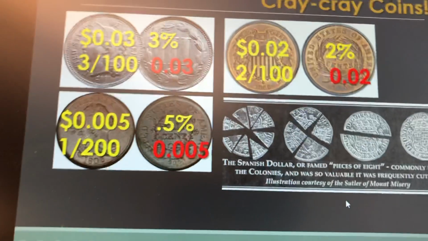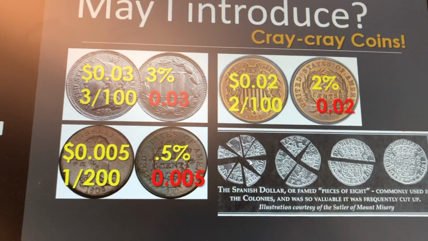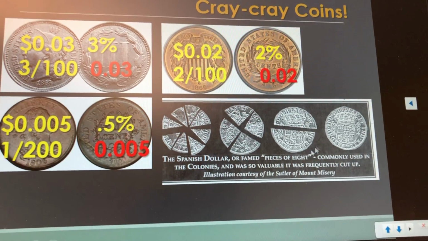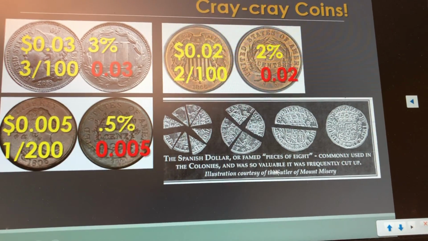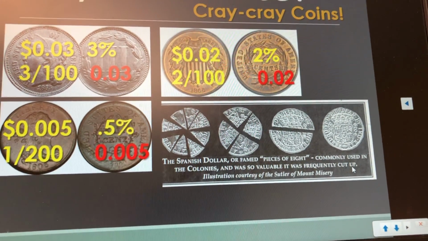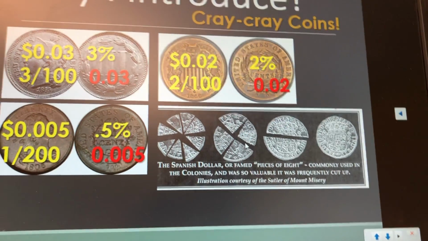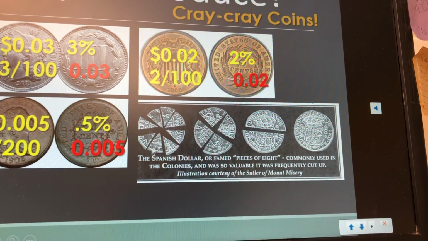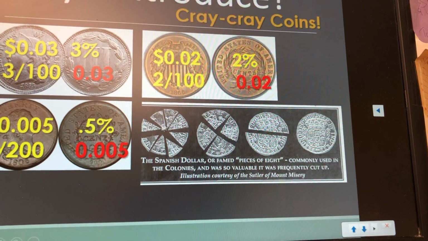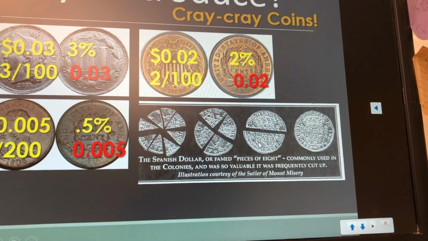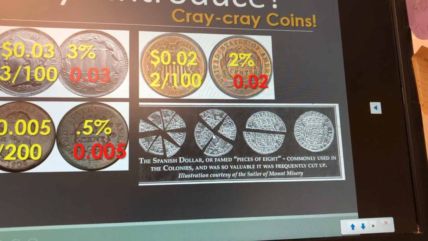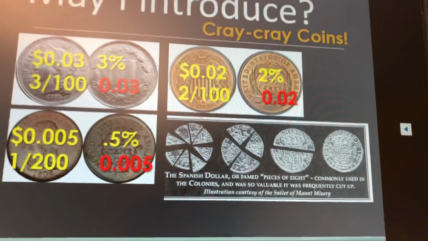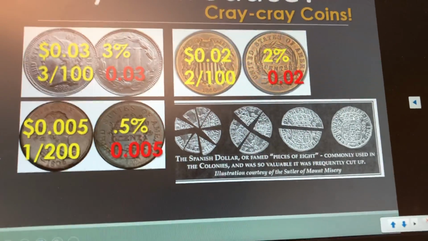Oh boy. Now, I think we talked about this. The Spanish dollar, or famed pieces of 8, commonly used in the colonies, was so valuable. It was frequently cut up to make change. And you could divide them easily into 2 bits, 4 bits, 8 bits, a dollar, all for Madison Stand Up and Holler.